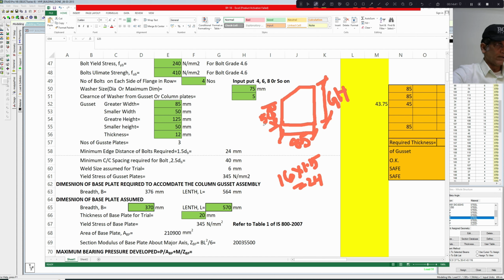But again, we have to accommodate the washer dimensions also. So 75 plus, if we leave a clearance of 5 mm on each side, it becomes 85 mm. That is why I have taken this width as 85 mm; at least this much width will be taken for the bolt. If you see, the bolt will be something like this.